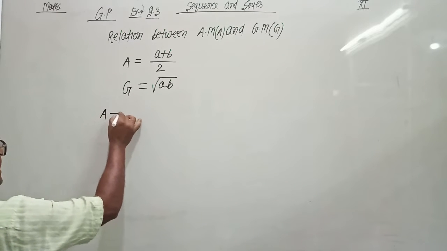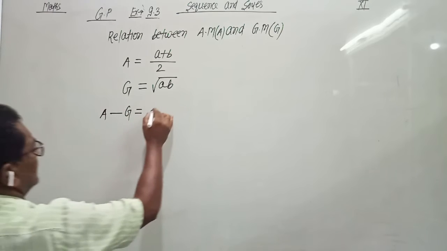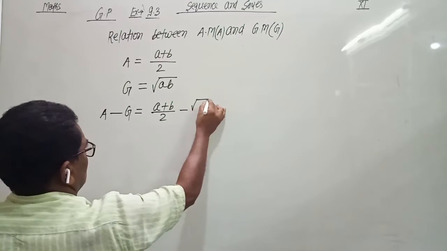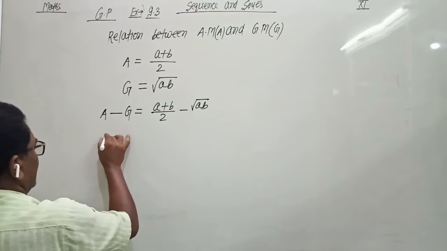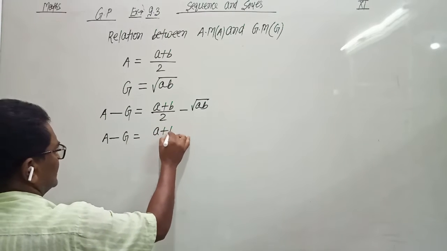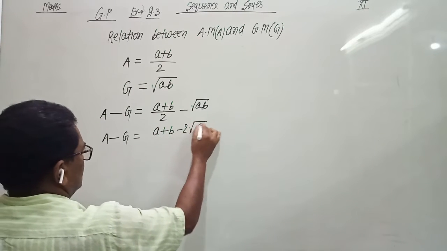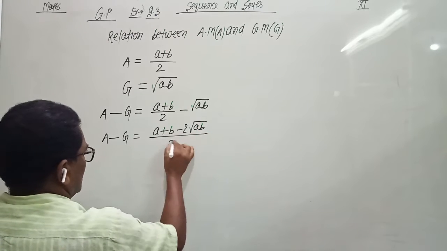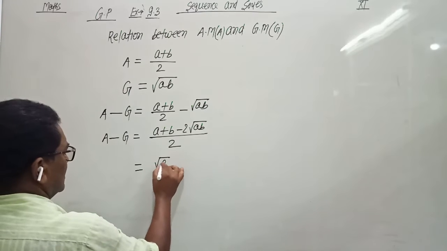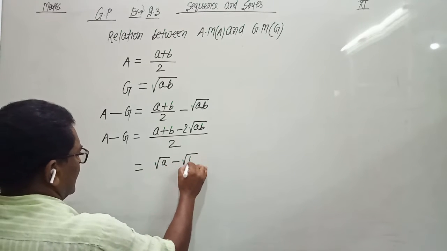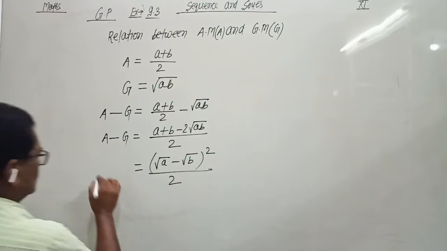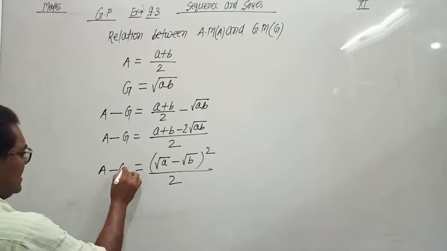Now we find A minus G. So this is A plus B by 2 minus under root of AB, and A minus G equals A plus B minus 2 root AB upon 2, which can be written as under root of A minus under root of B, the whole square upon 2.